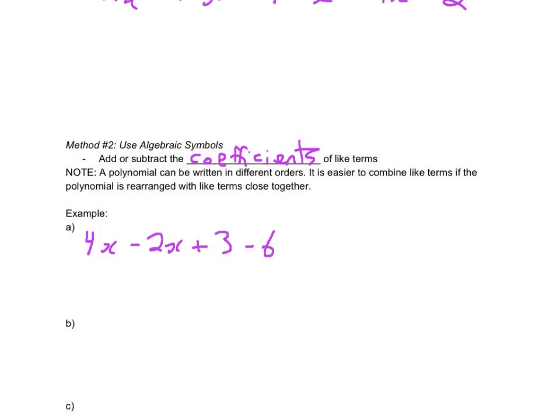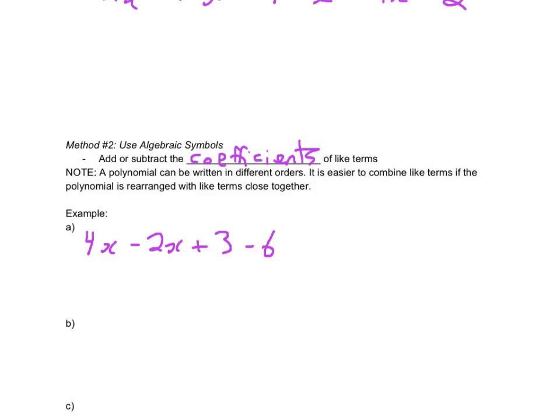Okay, so this is the same example we did before. Notice how the like terms are linked together, right? 4x and negative 2x are linked together. They're right beside each other, and then the positive 3 and the negative 6 are also like terms. We're going to be able to combine, so I write them right beside each other.